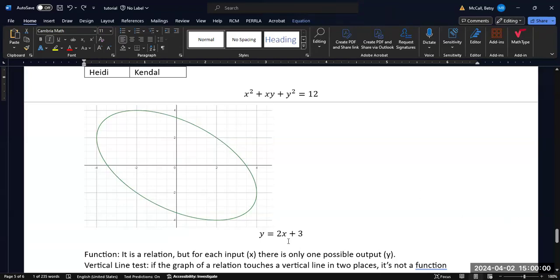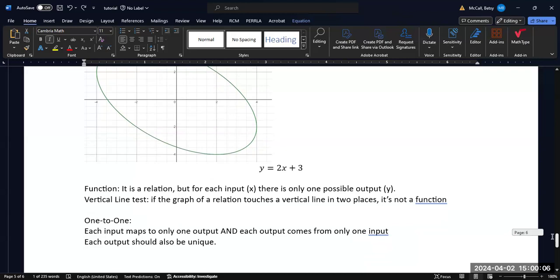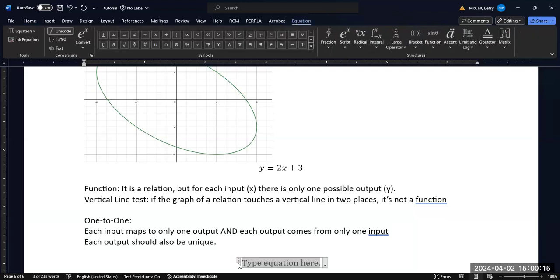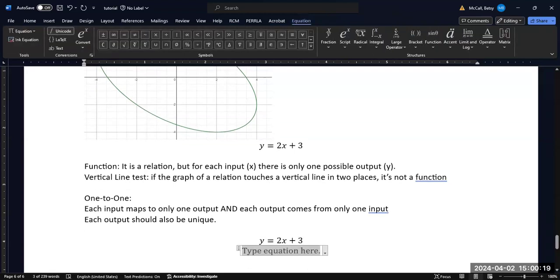Now, for the straight line, I could actually do a little bit of algebra on this and show that if I solve for x, I will get a unique output based on my y input. So for this one, if I start with y equals 2x plus 3, then I can move the 3 over and then divide by 2.